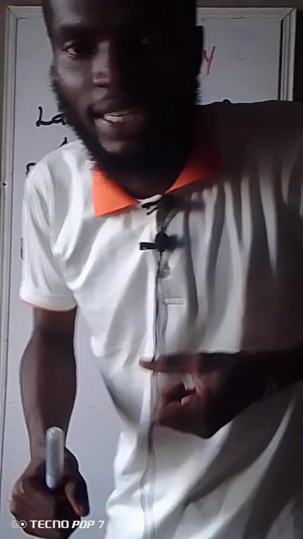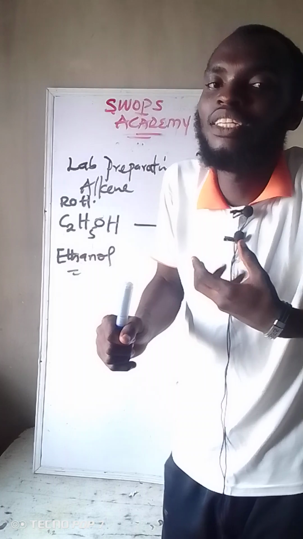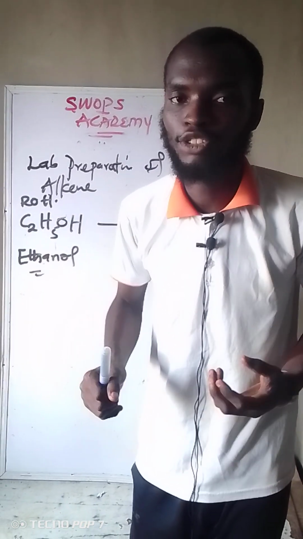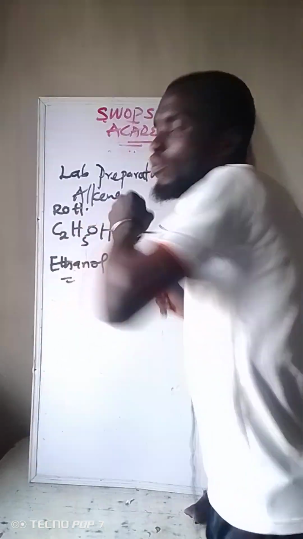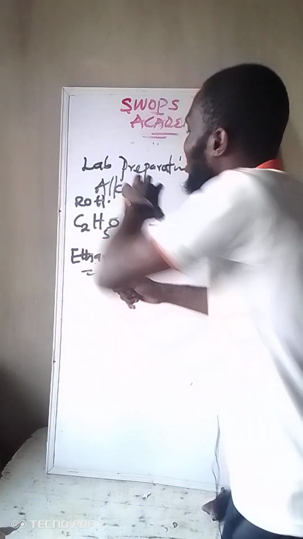In chemistry, when they say dehydrating, even in normal English, when I say I'm feeling dehydrated, it means I need water. When they say hydrating, you add water, the addition of water. But when they say dehydrating, it is the removal of water.